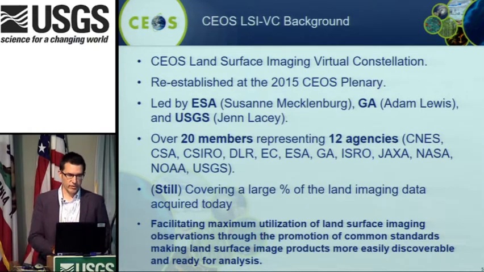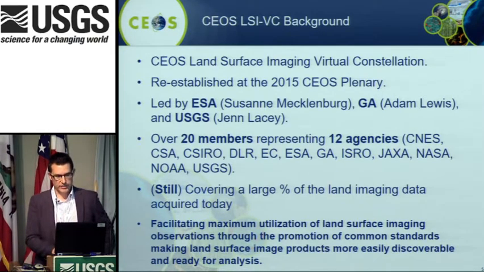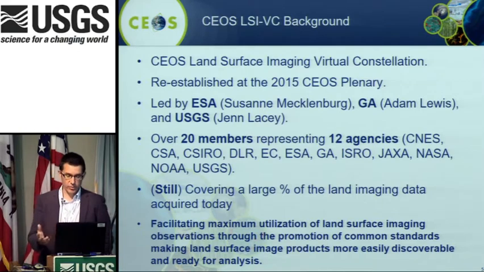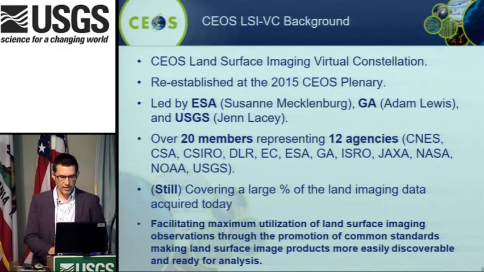So focusing then on the land surface imaging group, as I said, led by ESA, USGS, and Geoscience Australia, and within that group there are around about 12 agencies who are operating, or still operating, I would say, missions that are generating a large percentage of the land imaging data that's being acquired today.